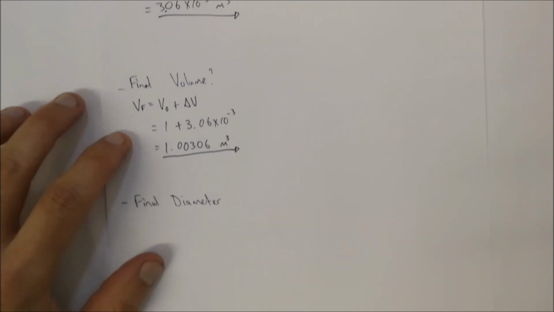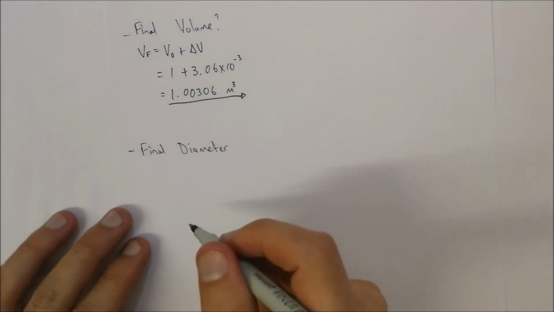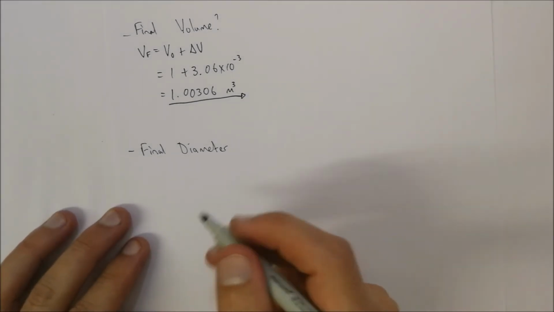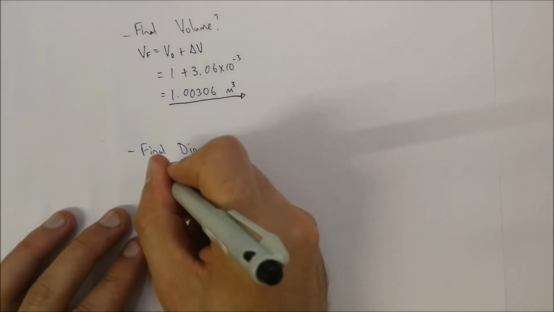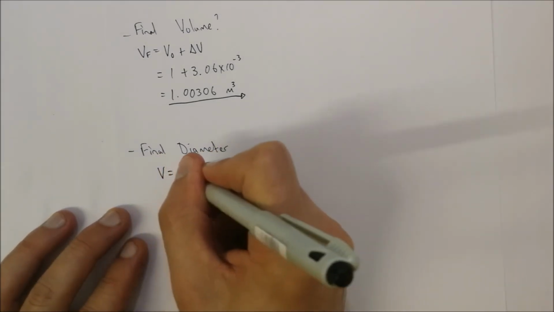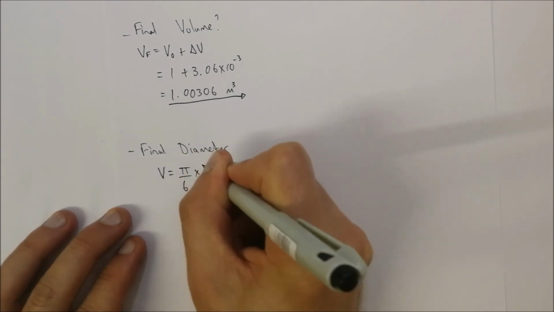Now that we've done that, what's the final diameter? Obviously, if this sphere is expanding, the diameter would be expanding, and so it becomes quite an interesting scenario. The volume of a sphere is calculated by pi over 6 multiplied by the diameter cubed.